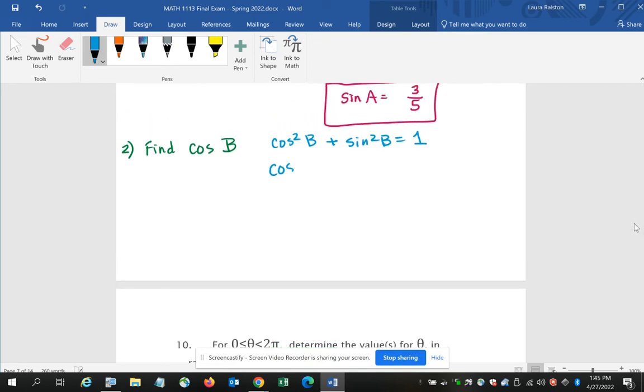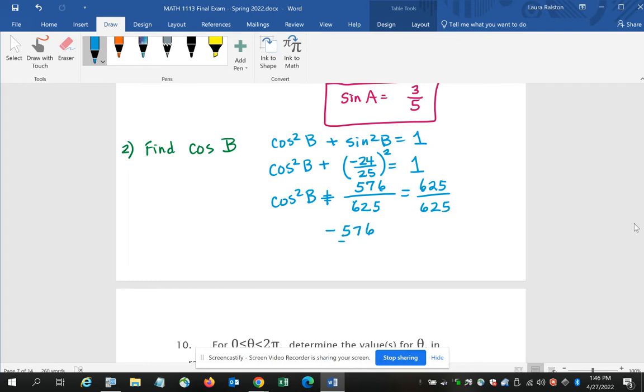So I'm looking for cosine squared B plus negative 24/25 squared, and that equals 1 whole. 25 squared is 625. 24 squared, which you can do on your calculator, is 576, and that equals 1 whole, which is 625 over 625. I'm going to subtract 576 over 625 from either side.